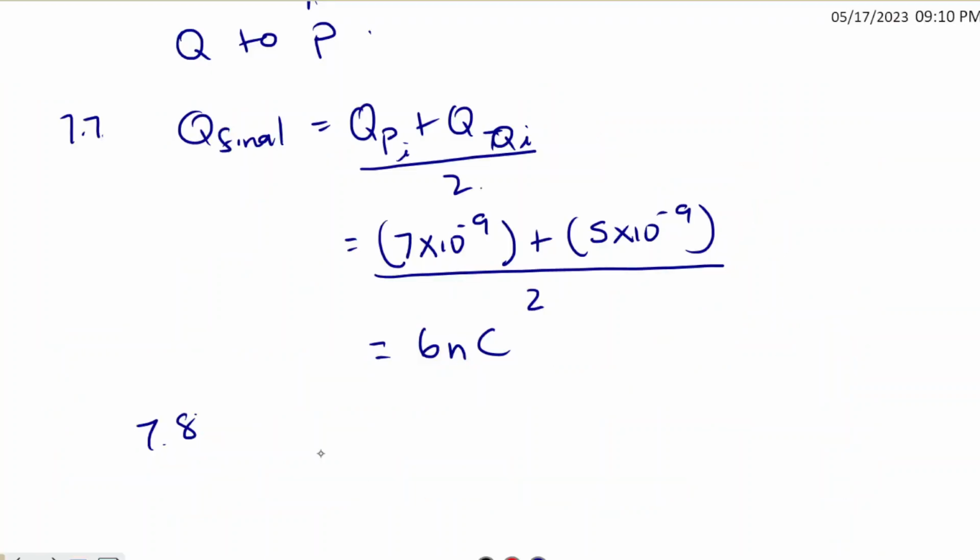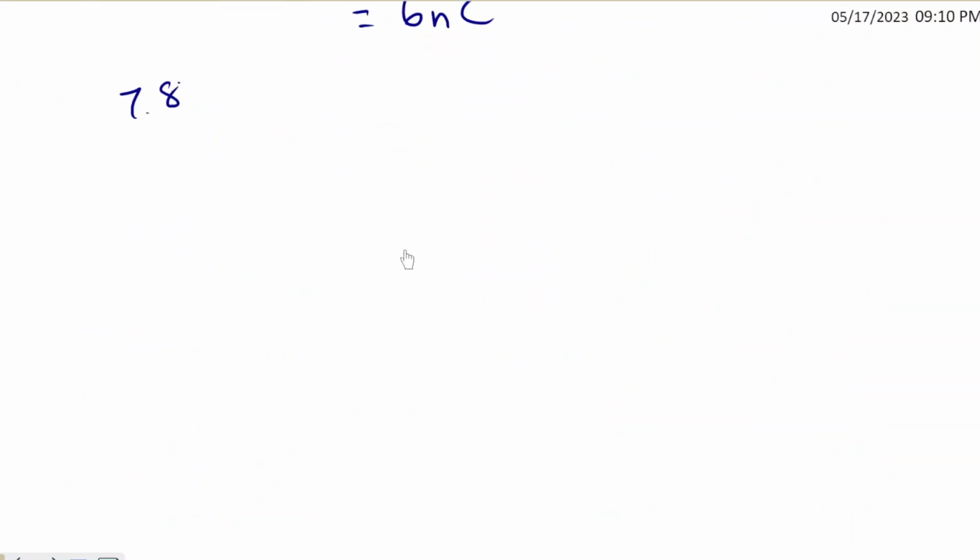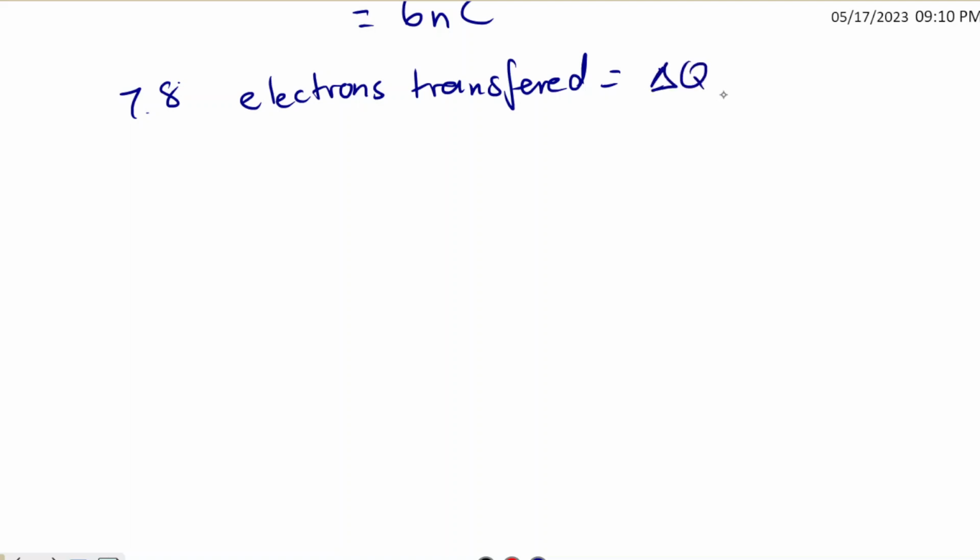So this calculation says, to find the number of electrons transferred, you need the change in Q transferred, divided by the quantization of charge.